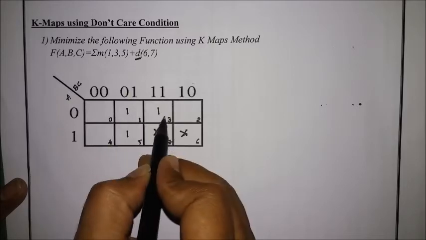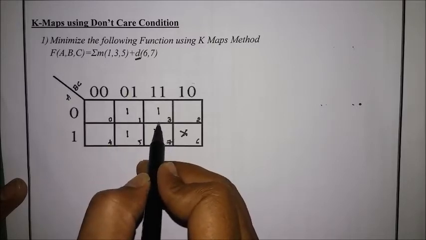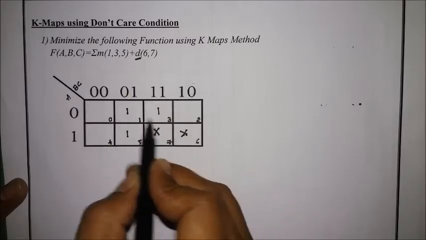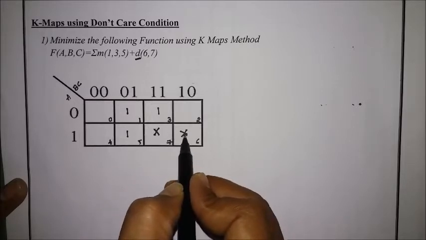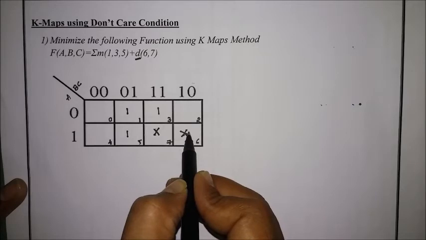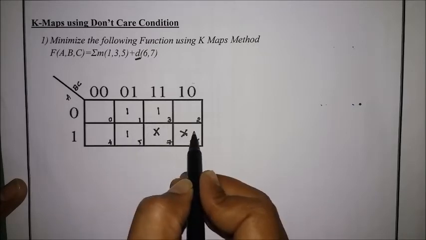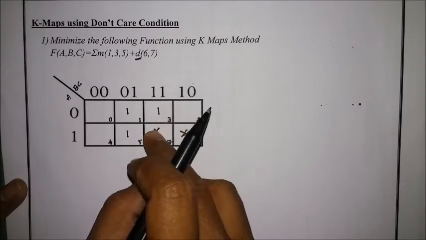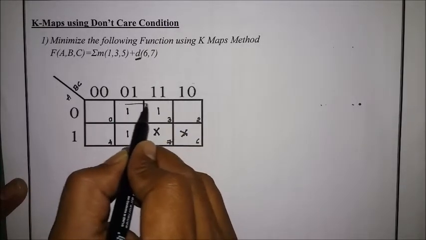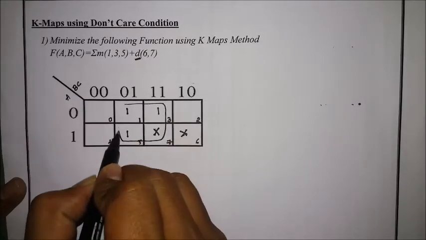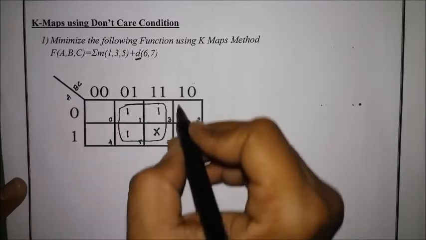When I group these 4 cells, I can make a maximum group. So this x, when it is grouped, we are treating as 1, whereas we are not considering this one, so it may be a 0 or 1 depending. For this particular case, this x will be 0 and this will be 1. So when I group using a don't care entry, I get a simplified expression.